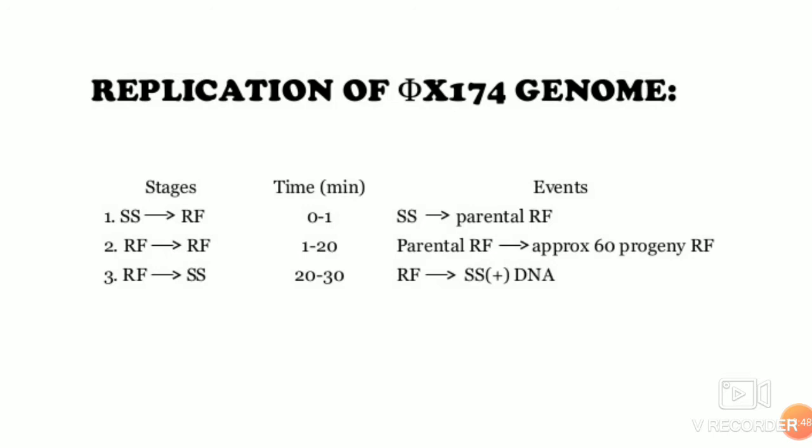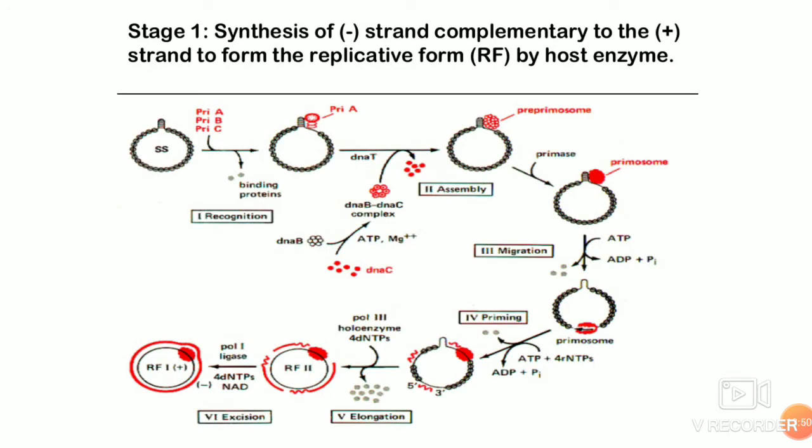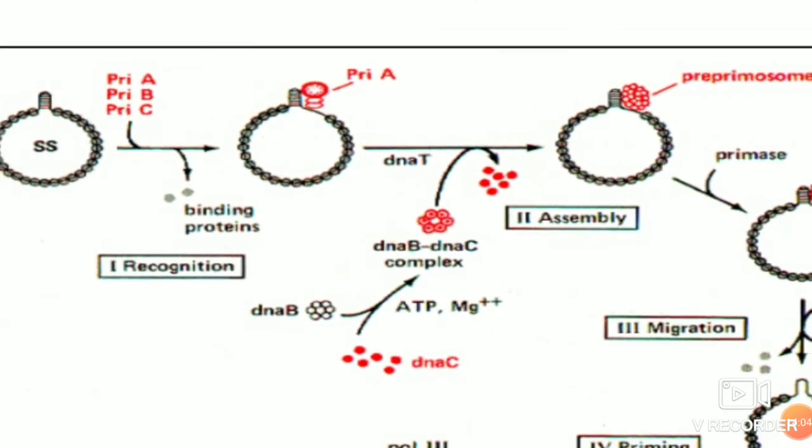So you can divide into steps. The first step is synthesis of a positive strand complementary to the negative strand, to form a replicative form by host cell machinery.